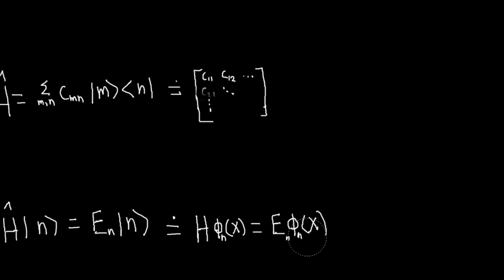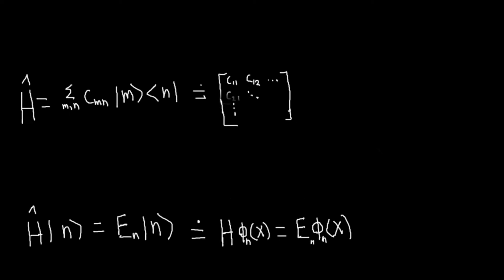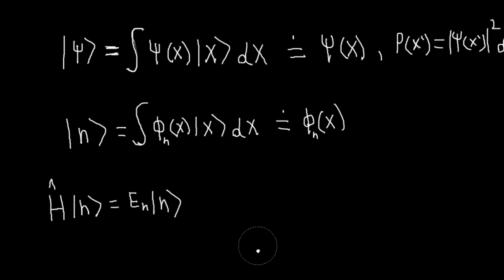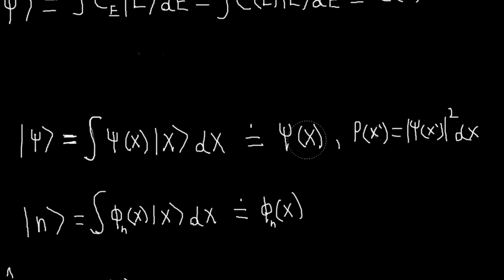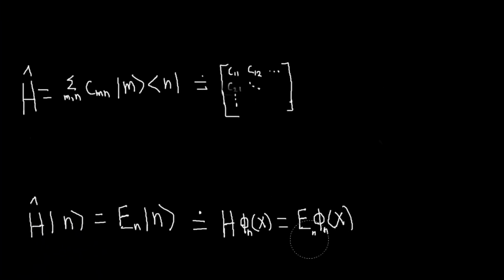Again, that will lead to a lot of math, fun, yay. But conceptually, it's really the same thing. Our goal is the same. We have this equation here, and we want to solve it because we want to know the eigenvectors of the Hamiltonian, because once we've got that, we can write our state vector, or our wave function, as a linear combination of these eigenvectors. And once we've done that, we can trivially solve our problem.